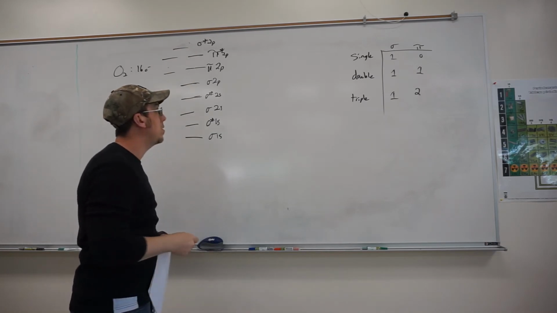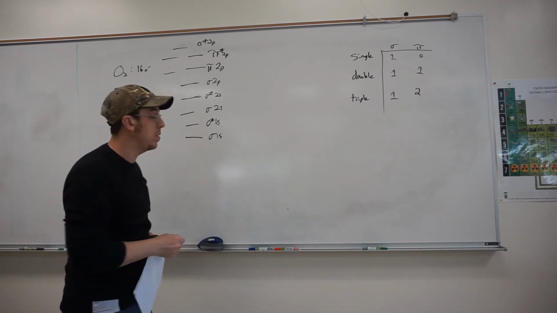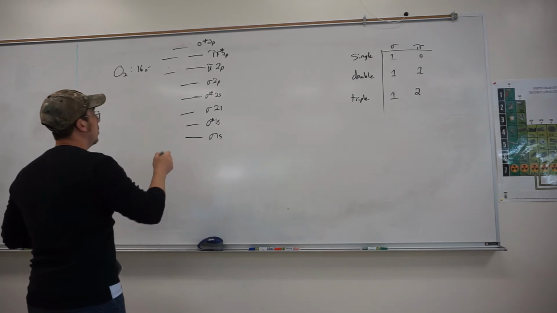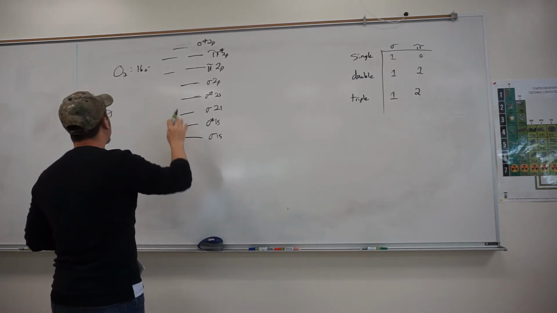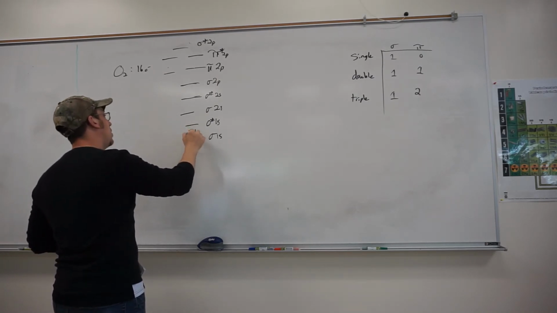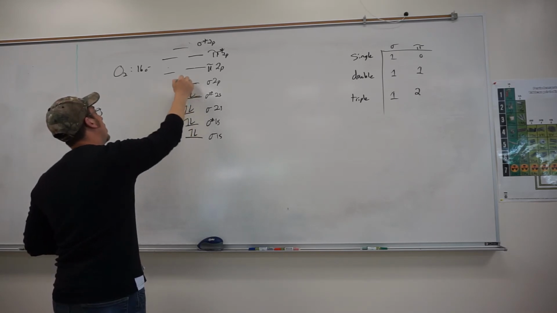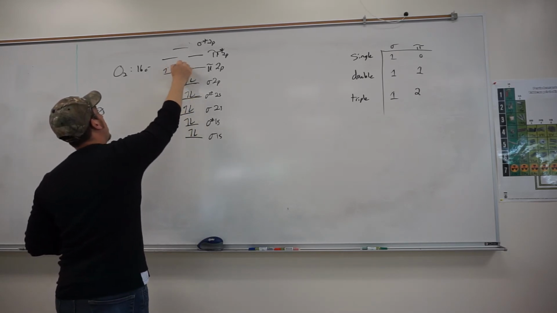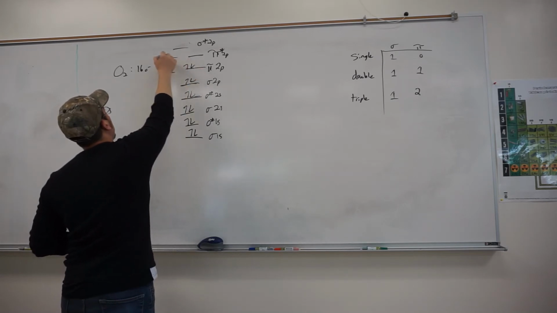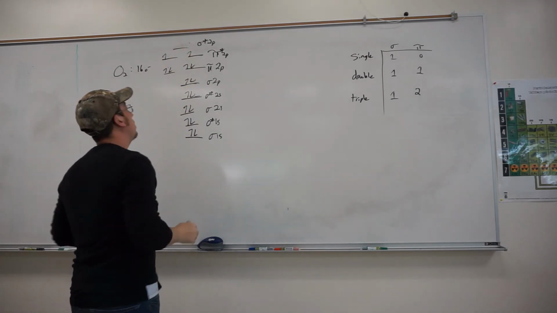And these only show up in the pi bonds specifically. So in this case here, we're going to be doing 16. 1, 2, 3, 4, 5, 6, 7, 8, 9, 10, 11, 12, 13, 14, 15, 16.